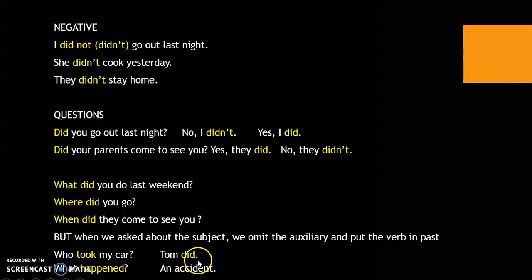Tom did. What happened? An accident. If you see these questions, you have who, WH word, and the verb already in past form. Who took my car? What happened? And in case you want to answer these questions, you can say Tom or Tom did. What happened? An accident.